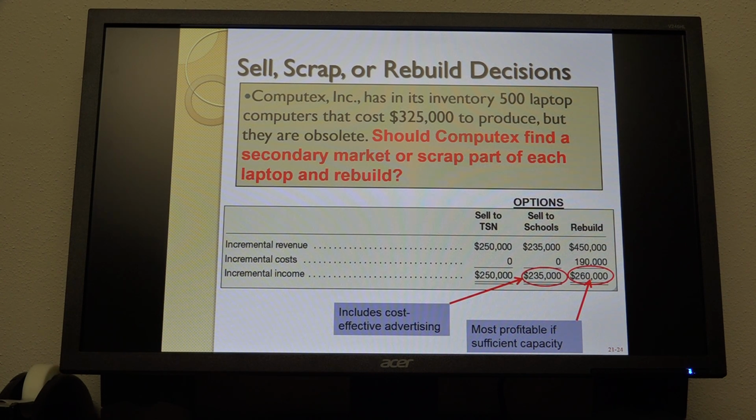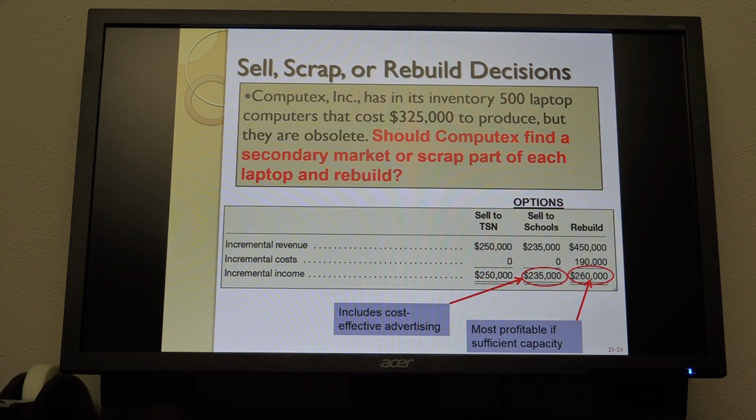Because one of these days, these school kids are going to be consumers, if not already, and if they're using obsolete equipment, how is that going to make them think about our product in the future? So, again, you have to consider financial and non-financial considerations in making these decisions.